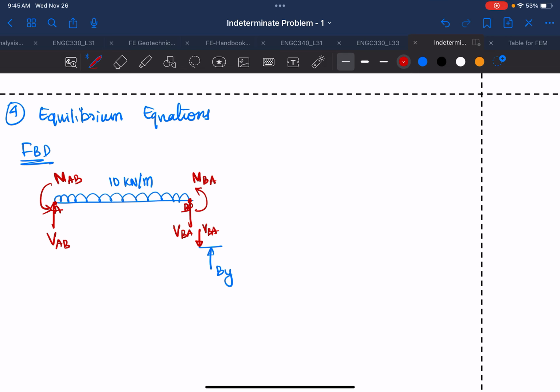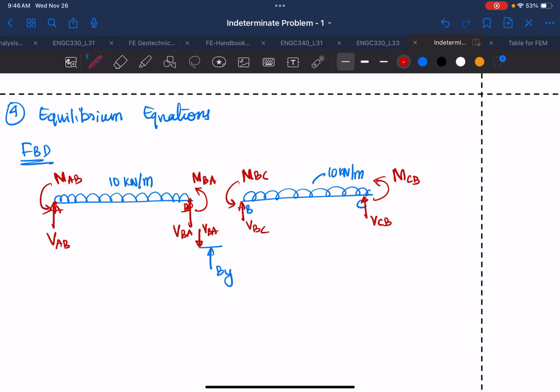And then we take another beam, BC, and it has a uniformly distributed load of 10 kilonewton per meter, and this will be VBC, and this will be VCB, and this will be MCB, and this will be MBC.